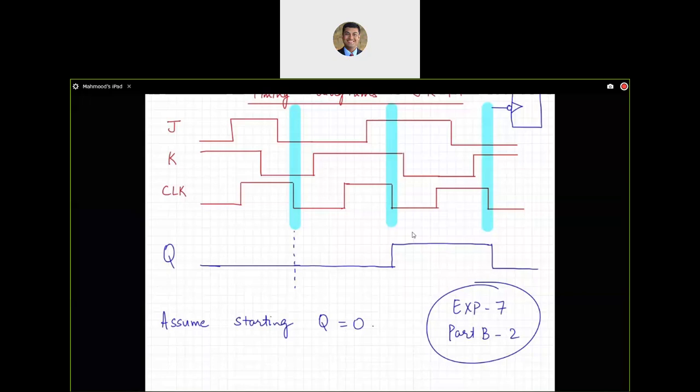By using feedback, that's what we talked about in the last class, and in fact we are going to take advantage of the propagation delay or the gate delay of a logic gate to get memory. So let's see how that looks.